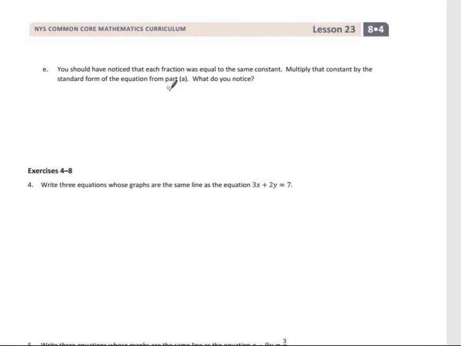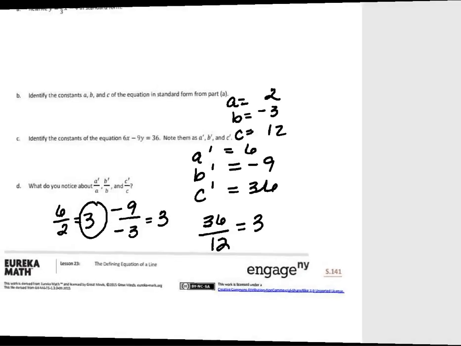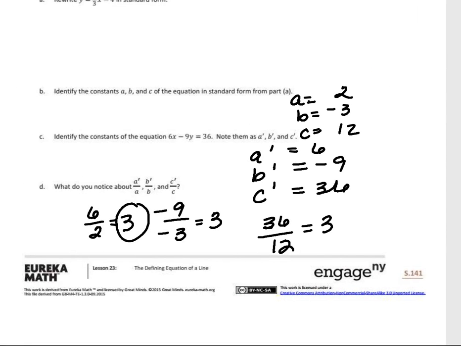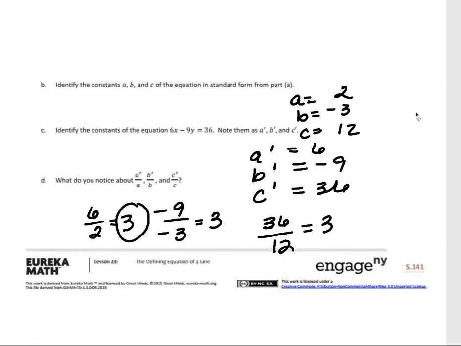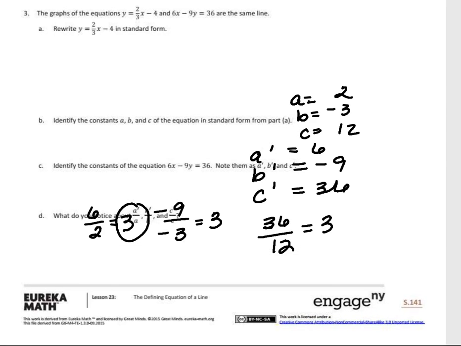If we multiply the constant by the standard form of the equation in part A. So let's look back at part A. And I need to scroll down a little bit. There we go. And if we multiplied everything by 3, that's what we would have gotten again. And that's what they're showing us. We multiplied by 3 in each one of those.